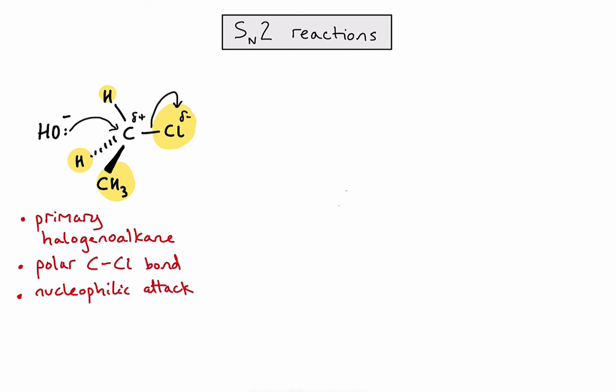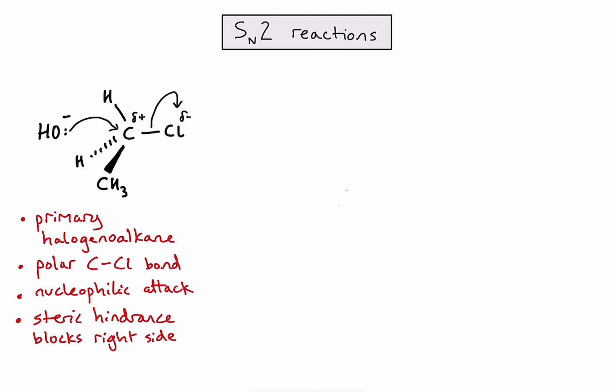And what that means is there's actually some blocking on the right hand side of my molecule, where it's preventing my hydroxide from attacking in this direction or in this direction. So what we see happening is, as drawn on the diagram, my hydroxide is attacking from the left side. And any blocking of space we call steric hindrance. So in this case, that steric hindrance forces my hydroxide to attack from the opposite side of the molecule to the chlorine.